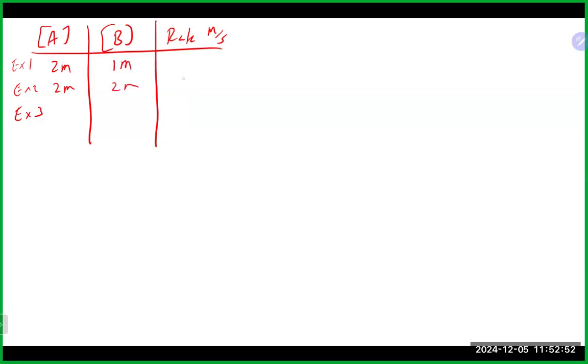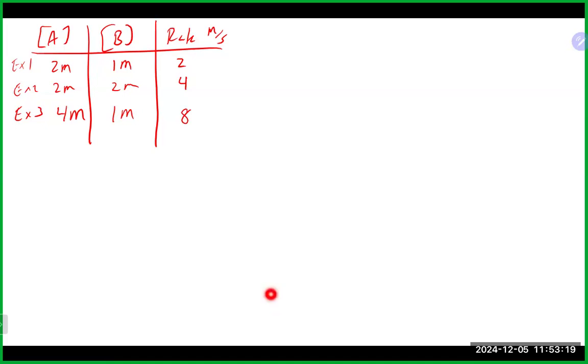And maybe this is 4 and 2. We'll just keep the numbers simple. And then maybe we'll go 4 molar here and 1 molar there, and maybe this is 2. I'll go 8 here. So maybe you've got some type of table like this.